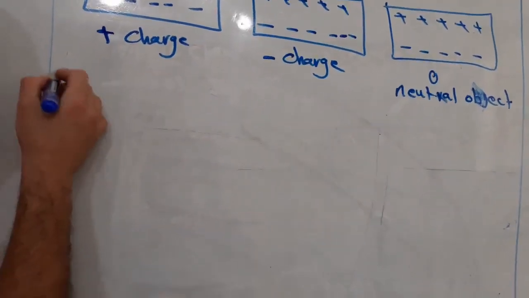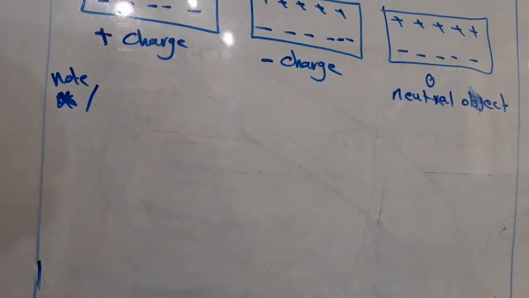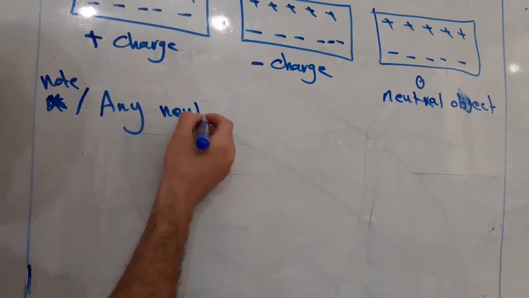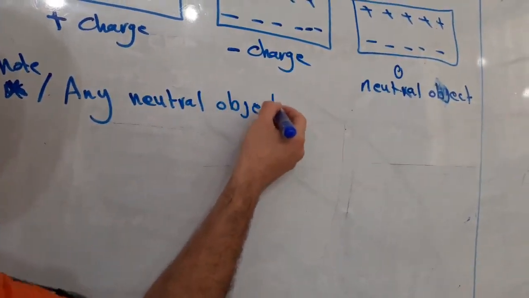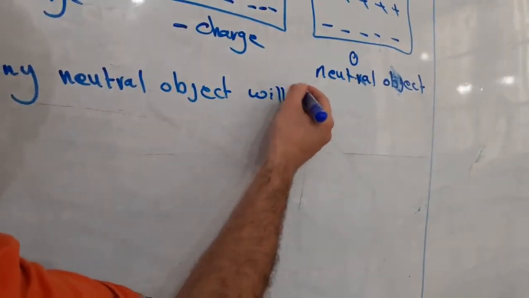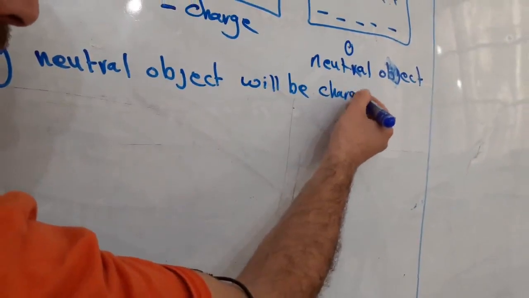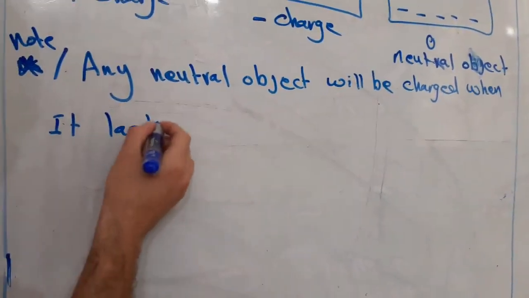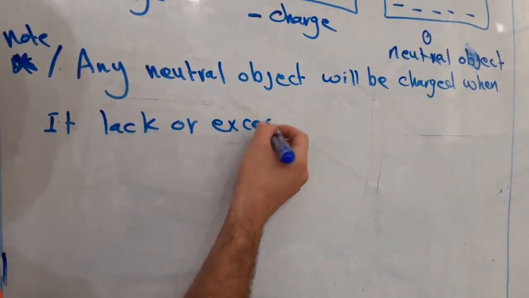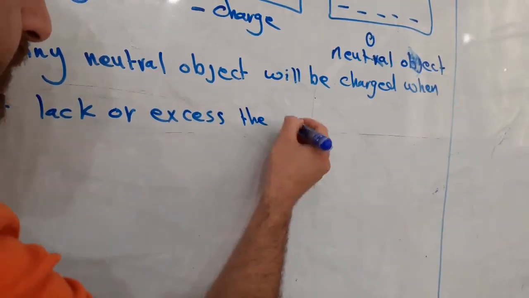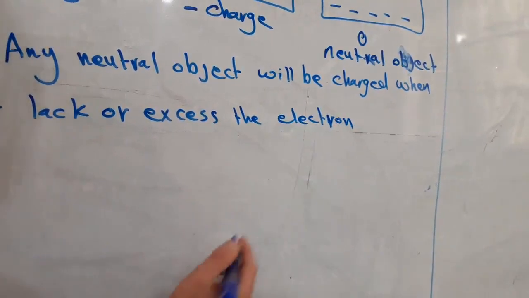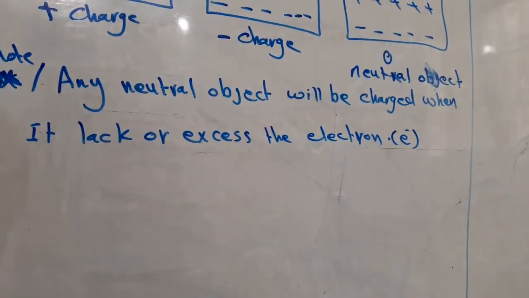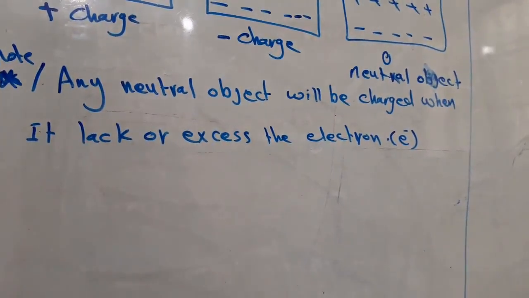Any neutral object will be charged when it loses or gains electrons.